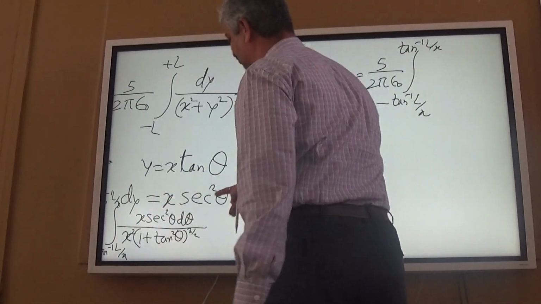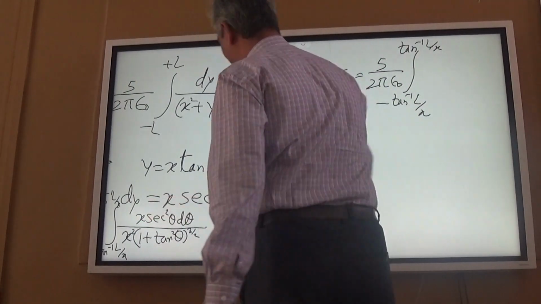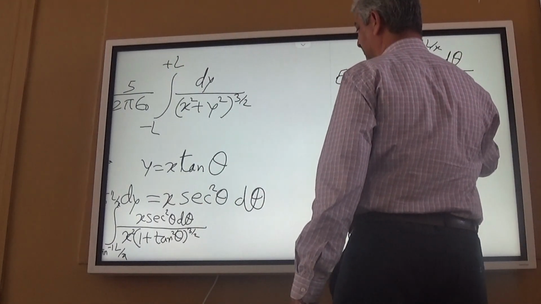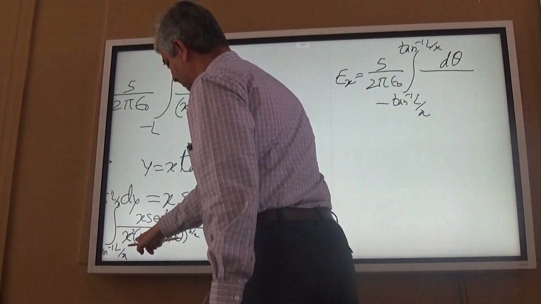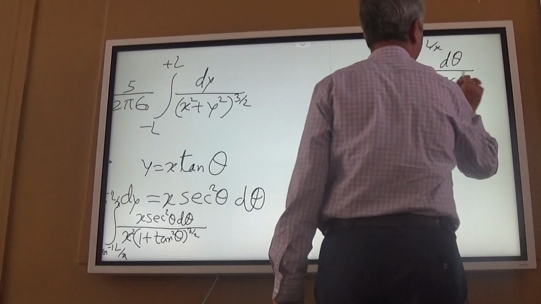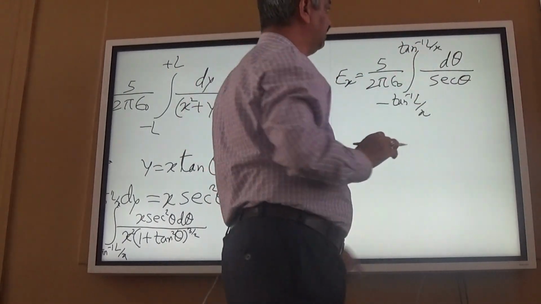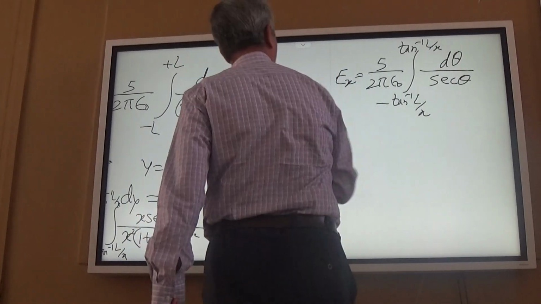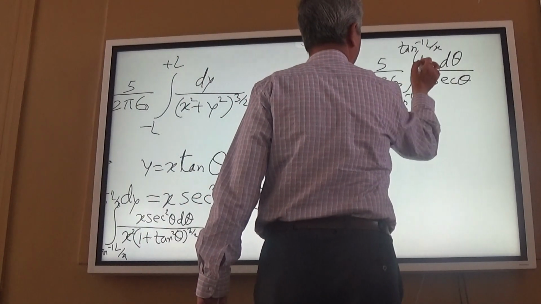X gets cancelled, so denominator x remains. In the numerator, d theta upon sec theta, right? Is it right? And sorry, then x cube comes out.